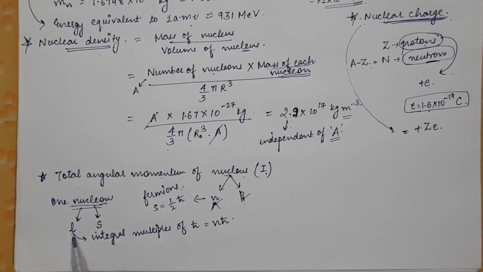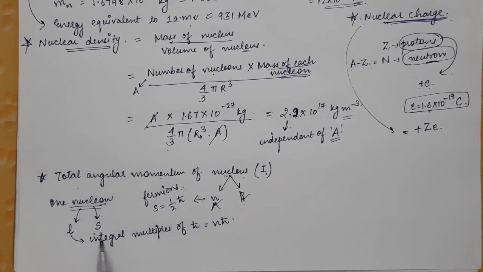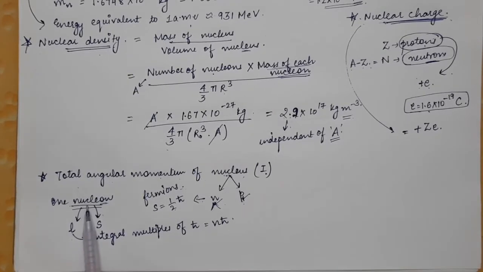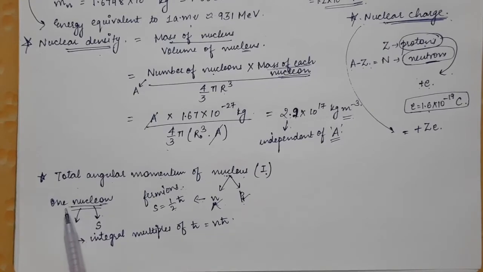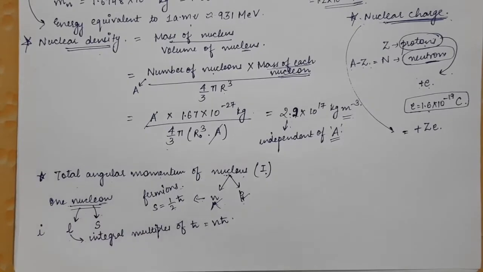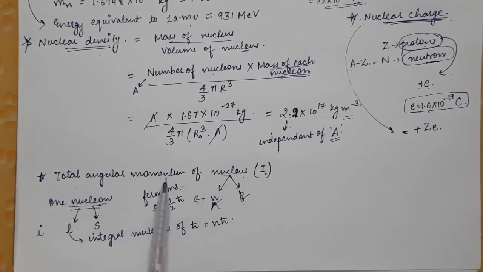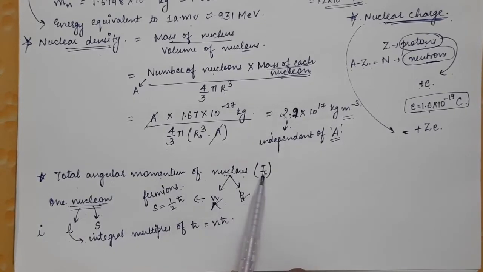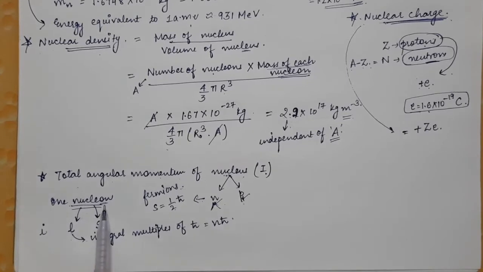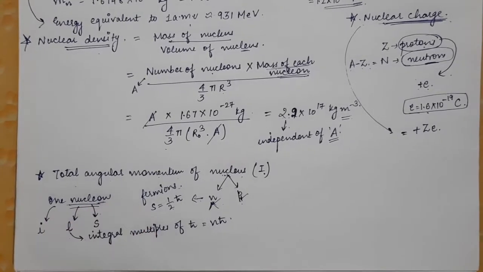Now the orbital angular momentum and the spin angular momentum both couple with each other and result in the total angular momentum of a single nucleon. So the total angular momentum of a single nucleon can be written as small i. To make it clear, the total angular momentum of the whole nucleus is represented by capital I, and the total angular momentum of a single nucleon is represented by small i.